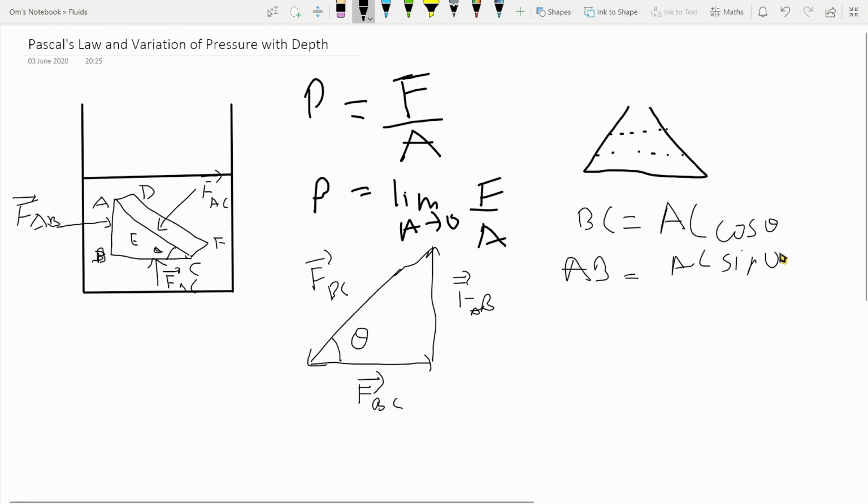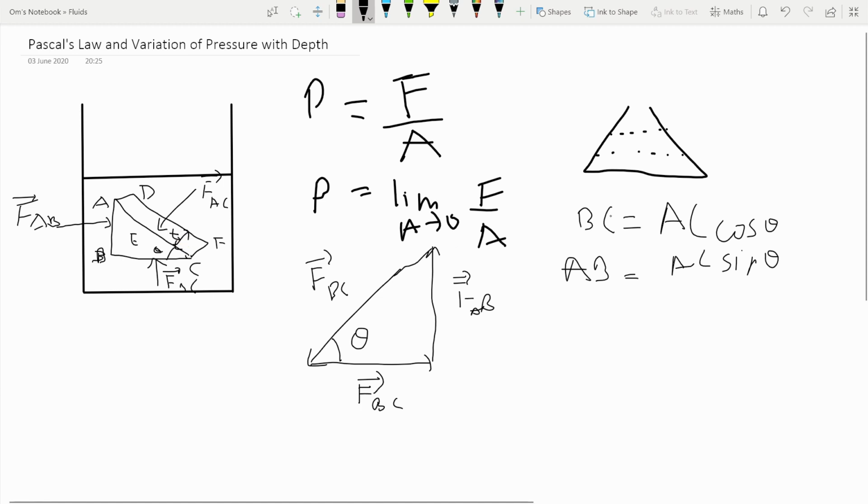And the corresponding areas are simply these sides multiplied by the width, say an arbitrary width of the triangular prism that you've considered here. We're going to let that be T.